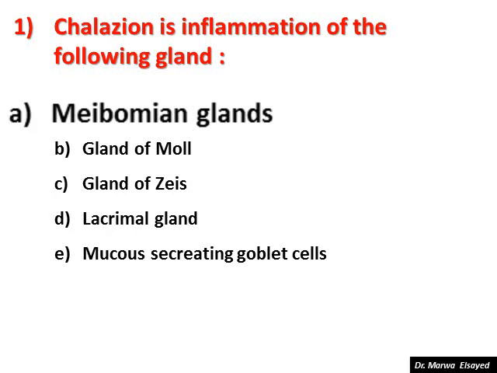Because it's an infection, it is painful and red, and this infection is superficial to the tarsal plate. The chalazion requires surgical interference to remove this mass, but the stye may be treated by medical treatment.